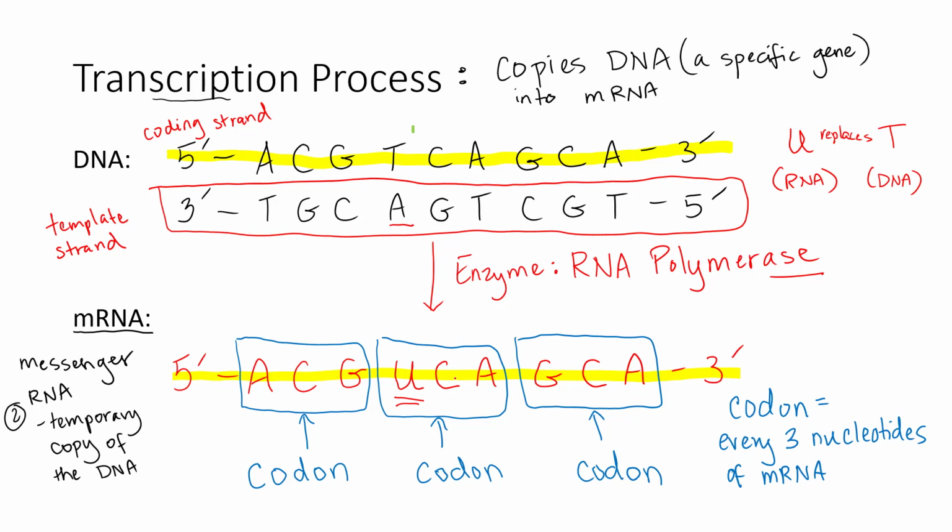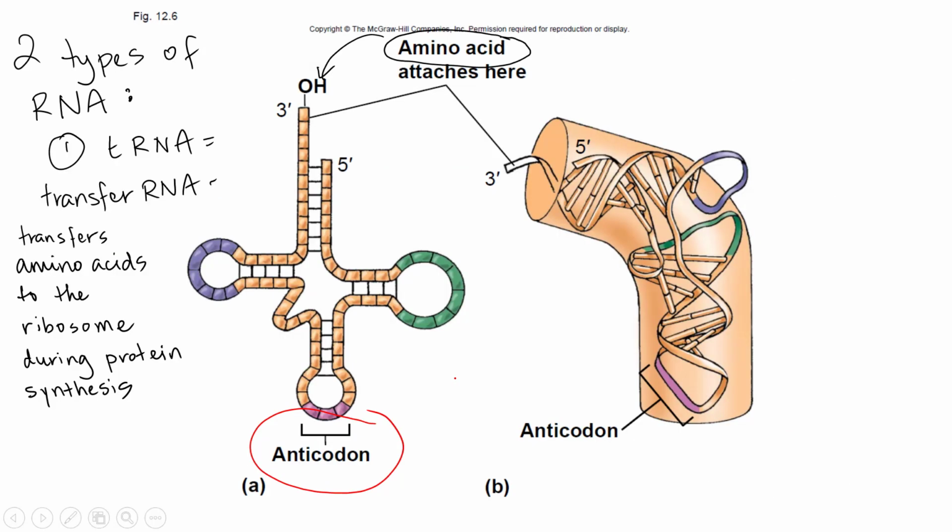Okay, so notice this term now on the tRNA, it's called the anticodon. That means there's a region on the tRNA that binds complementary base pairs with the codon of the mRNA. So we'll write that here: the anticodon binds to an mRNA codon.